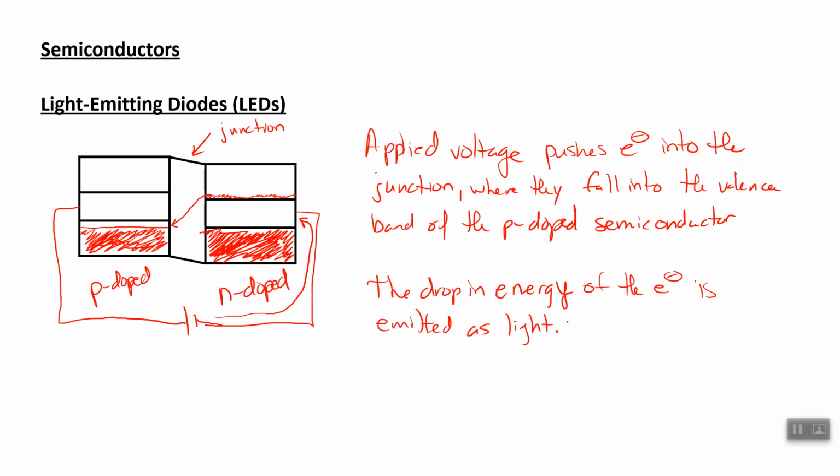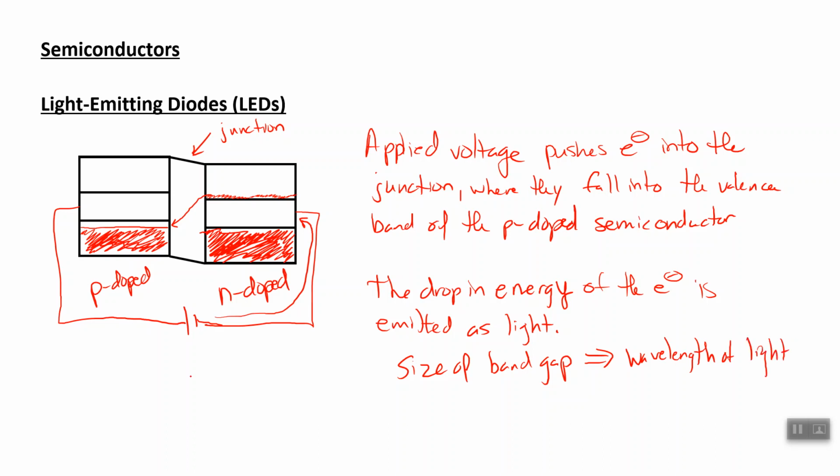Right? And so how do we know what kind of light we get out? This depends on how big the band gap is. So the size of the band gap relates to the wavelength of light that's emitted.